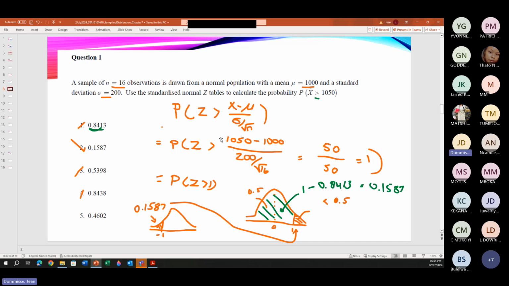Okay, so this one was, they gave us information on the x, the mean, standard deviation, and n. They wanted us to work out the z, then go to the z table to work out the probability. So that is the traditional question that they love to ask, where they give you the information and you need to follow the steps.